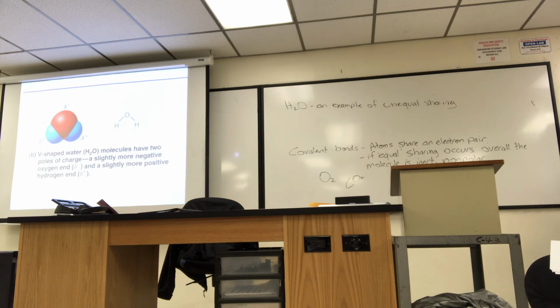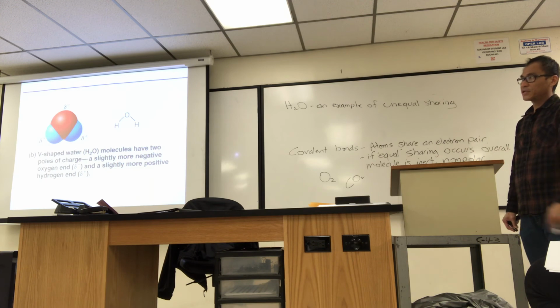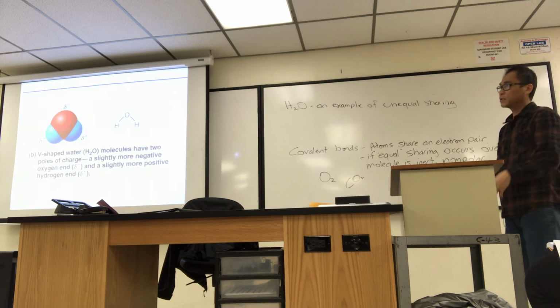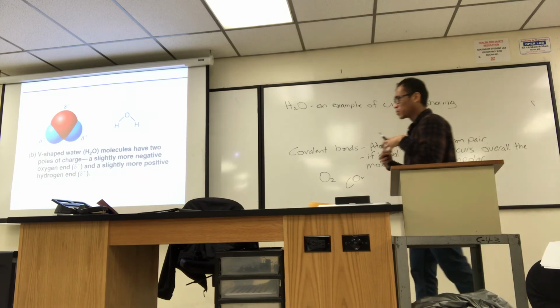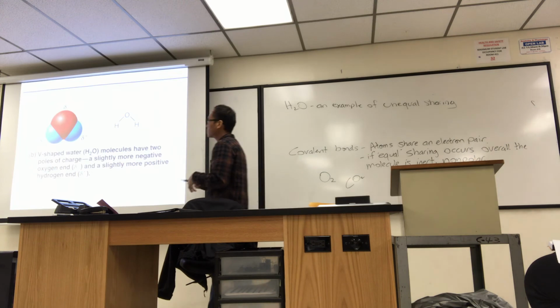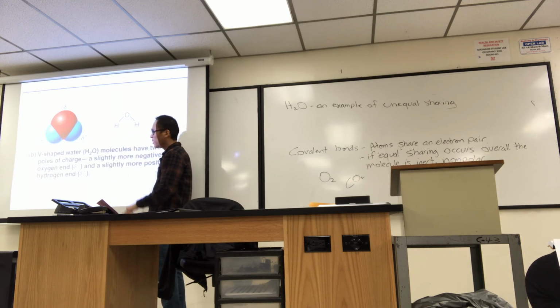So that means the electrons are spinning a little more time around the oxygen and not the hydrogens. It has to do with the properties of the nucleus of oxygen. It kind of pulls the electrons closer to it as it spins around both. That gives the oxygen a partial negative charge because the electrons spend a little more time around it, and it makes the hydrogens a little bit partial positive.